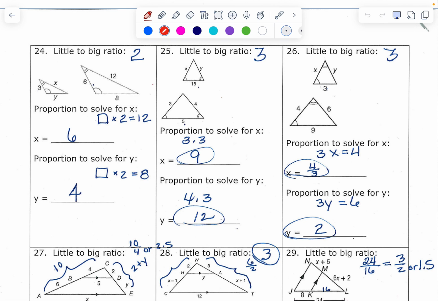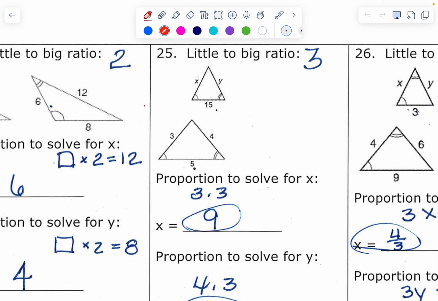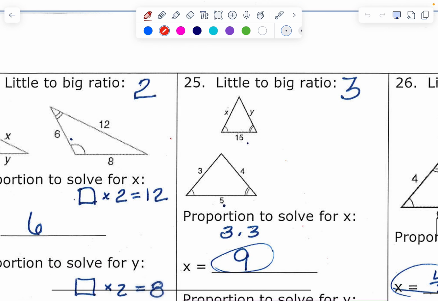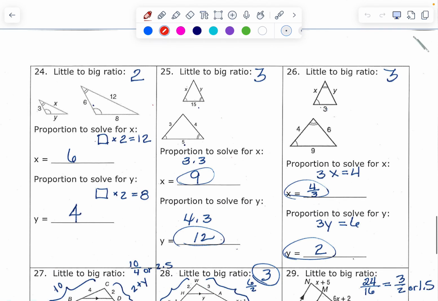26. By the way, those two on 25 don't look similar to me. Do they look similar to you? So that's one reason that we rely on notation to tell us. And in this case, the two angles being congruent is the notation I'm talking about. Okay, 26.